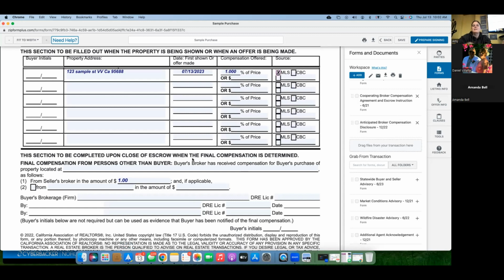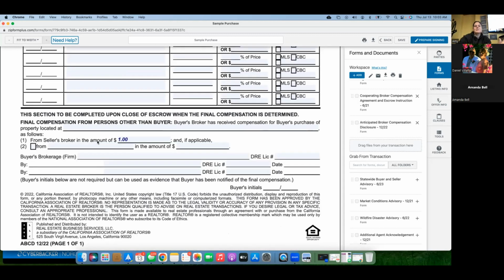And then we can have that conversation with them that we're going to negotiate with the seller to increase that commission and use that SPBB form, right? Then at the close of escrow, or pretty close to it, we'd come back and say, hey, from the seller's broker, we're getting 1%. We'd put the dollar amount there. So if our purchase price was 500,000, we'd say we're getting 5,000 there.